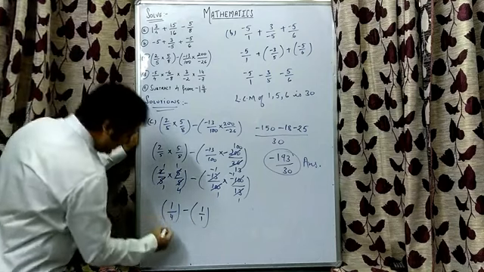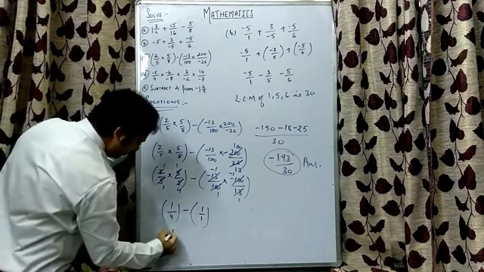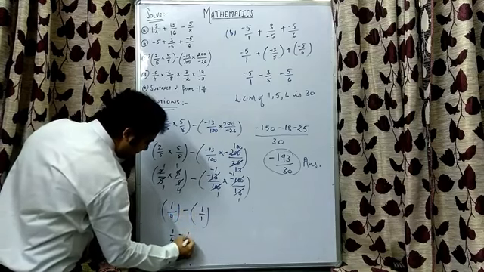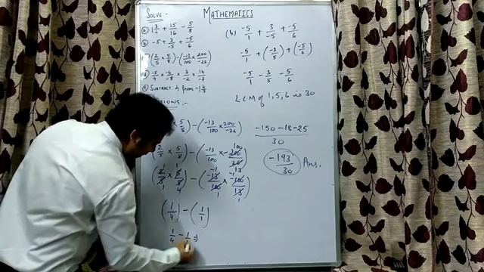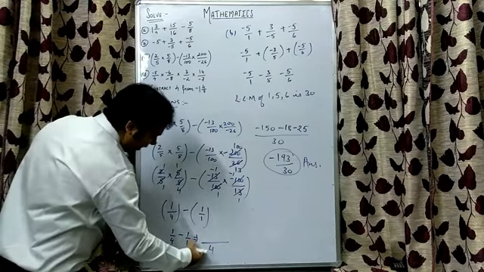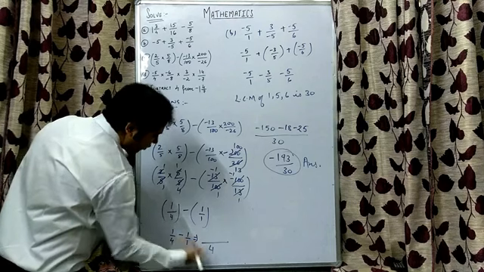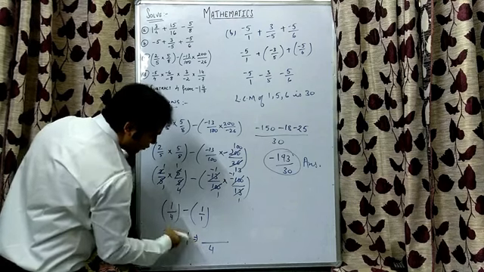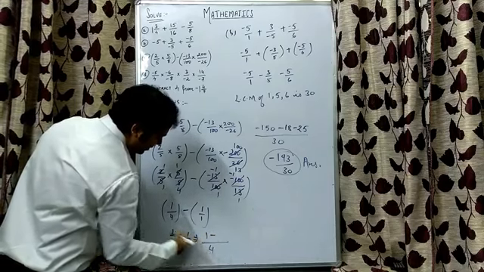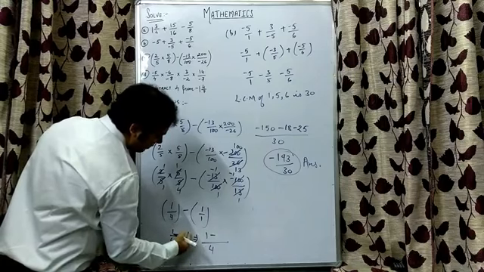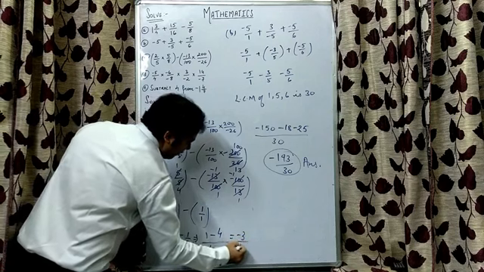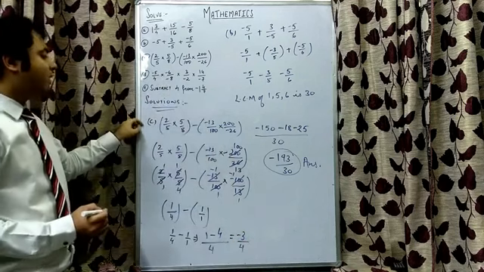So plus into plus will give me 1 by 4, minus into plus will give me minus 1 by 1. LCM of 1 and 4 is 4. 4 goes into 4 1 time, 4 goes into 4 4 times. So 1 into 1 is 1, minus 1 goes into 4 4 times, minus sign as it is, so multiplied by 4. 1 minus 4 is minus 3 upon 4 is our answer for the third one.